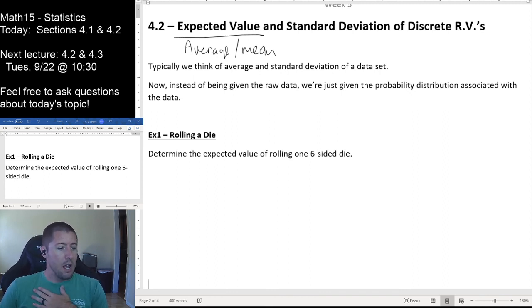But the good news is we're all smart people that have a good idea of what it's like to roll a six-sided die. So I'm going to first describe the probability distribution function. Then I'm going to use that PDF to help me determine what I should expect on average when I roll a six-sided die.